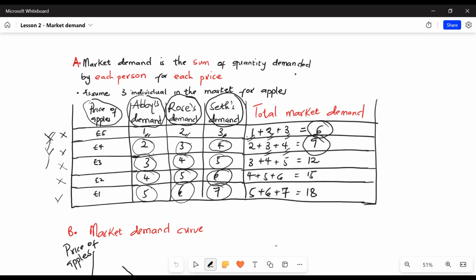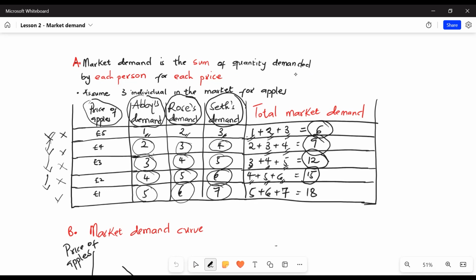When price reduced further to 3, Abby increased her demand to 3, Rose increased her demand to 4, and Seth increased his demand to 5. The sum of which is 12 apples at price 3. When price reduced to 2, Abby increased demand to 4, Rose's demand is now 5, and Seth's demand is now 6.